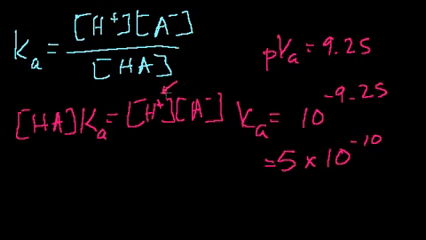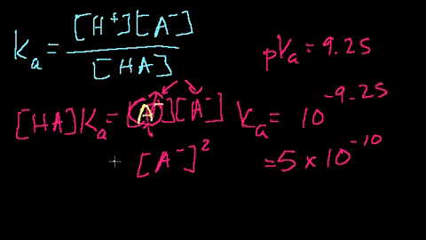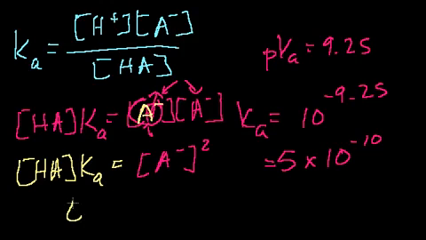So these two things are going to be equal, right? So you could even say that the concentration of your hydrogen is the same thing as the concentration of your conjugate base, A minus, so this is the concentration of the conjugate base squared, and that is equal to your concentration of your acid times your equilibrium constant.